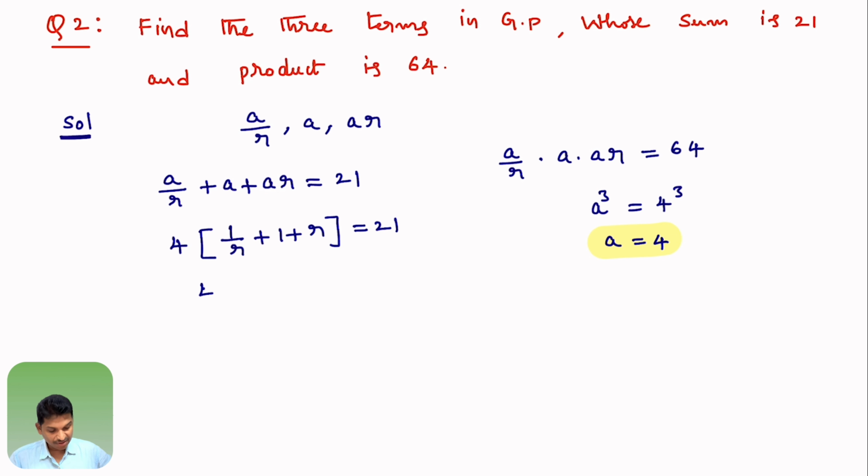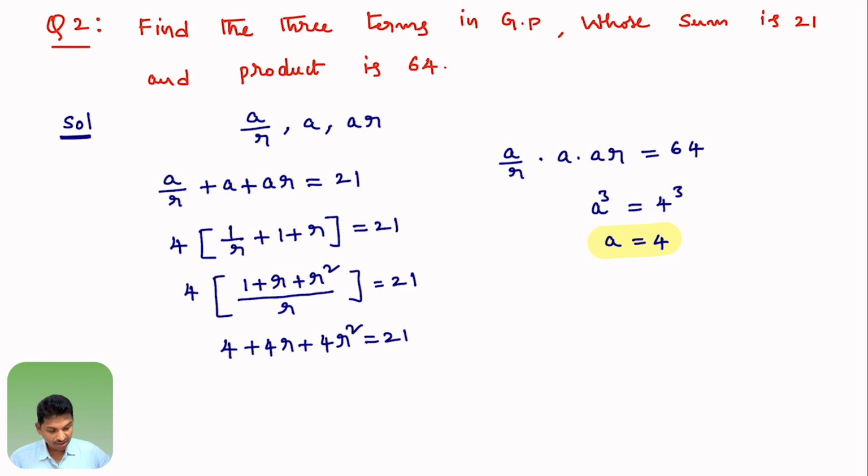If I simplify this, what will I get? 1 plus r square divided by r equals 21. Further, if we simplify this, 4 plus 4r square equals 21r. You write it as a quadratic in r, what you will get: 4r square minus 17r plus 4 equals 0.